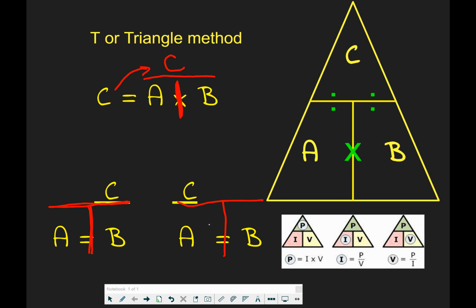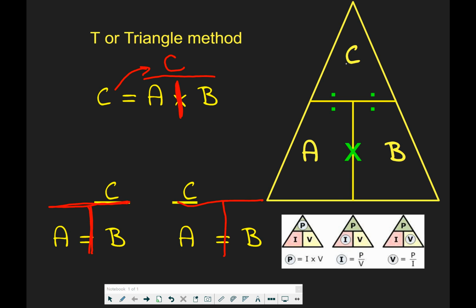So here's the cool thing about this. Once you've got it in the T or the triangle, all you have to do is say A times B equals C. So if they're both on the bottom, you are going to multiply every single time. Now, if you're dealing with C on top and A on the bottom, if it's up and down, you divide them.